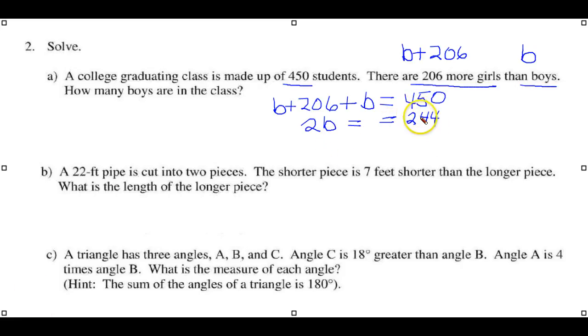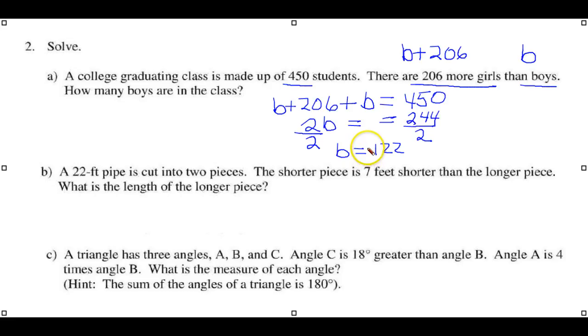Again, talking and calculating is not the best, so it's 244. So 6 from 50 is 44, and 2 from 4 is 2. Okay, now to find out what B is, I divide both sides by 2. And I get B equals 122.